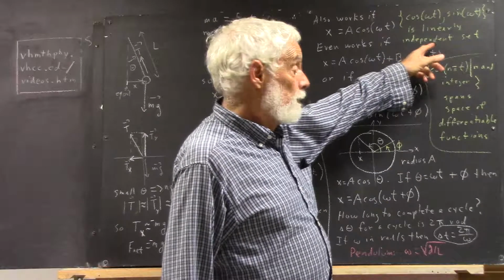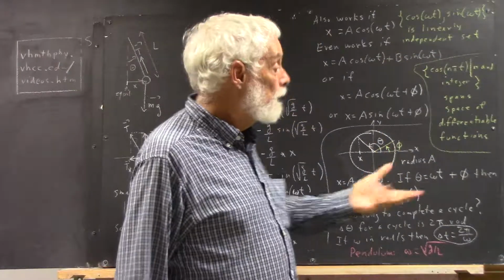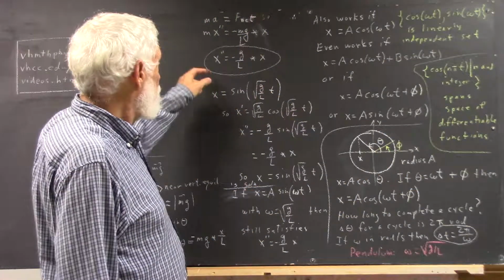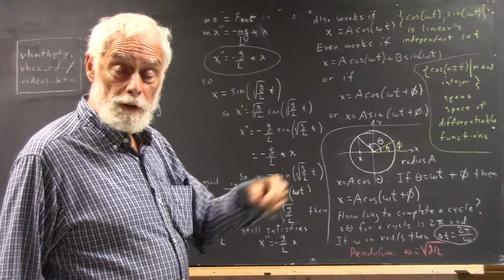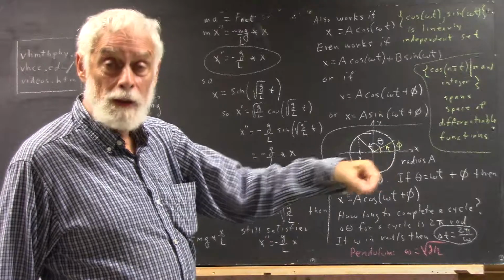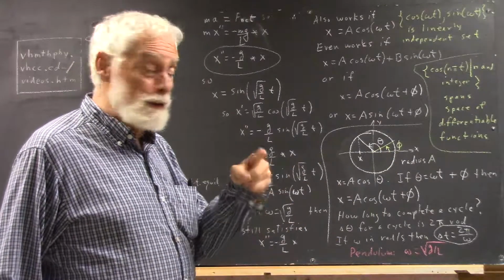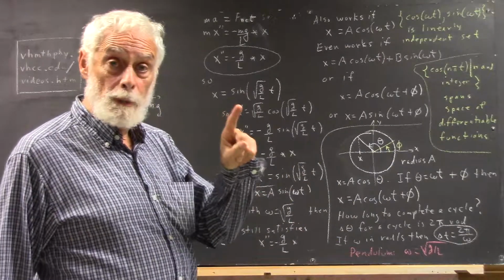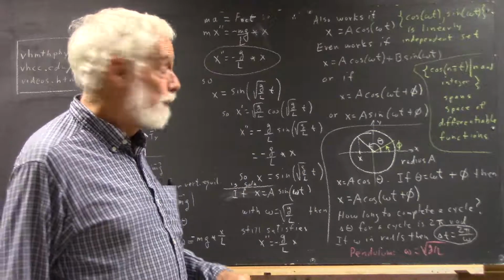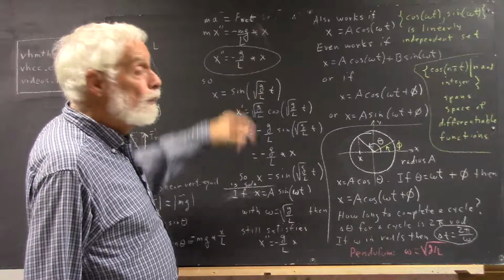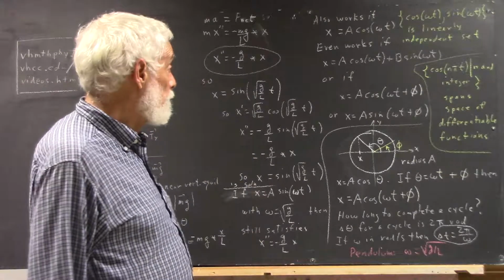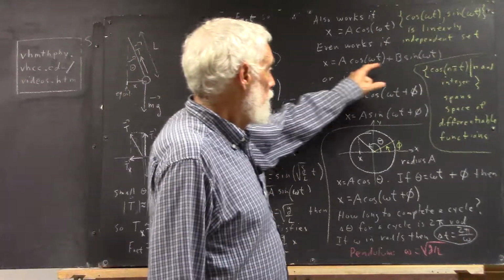It's a linearly independent set of two variables, and also this is a second order differential equation. It's like if you have a first order differential equation like x prime equals something, when you integrate you get one arbitrary constant, your integration constant. To solve this, you're effectively integrating twice, giving you two arbitrary constants. That would be your a and your b.